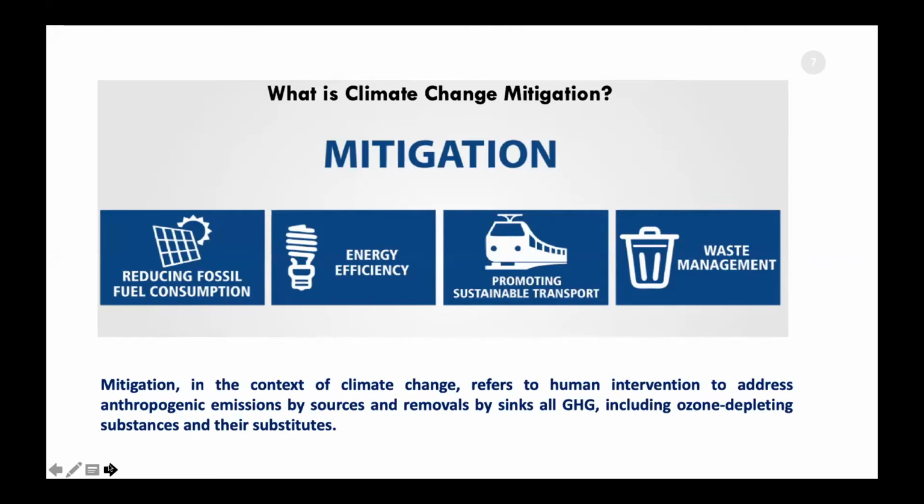If you have measures or programs that would reduce the emissions of these greenhouse gases, you could tag this under mitigation. So mostly DOE and DOTR programs po are mostly tagged under mitigation.